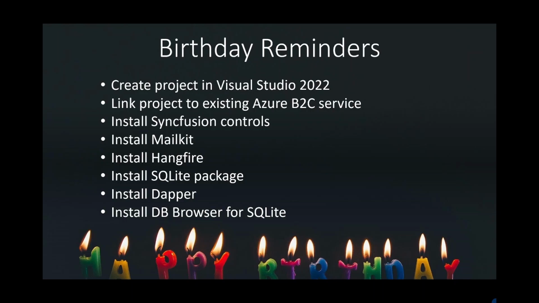We'll then need to install the Syncfusion controls, MailKit, Hangfire, the SQLite package, Dapper, and DB Browser for SQLite. DB Browser for SQLite is the equivalent of Microsoft SQL Server Management Studio and is used for managing the SQLite database. We'll now look at the creation of the project in Visual Studio 2022.